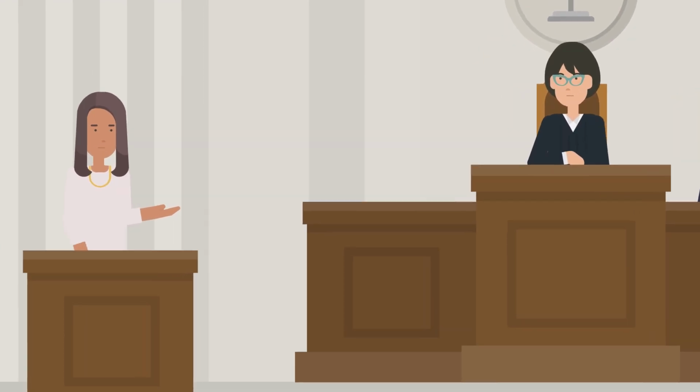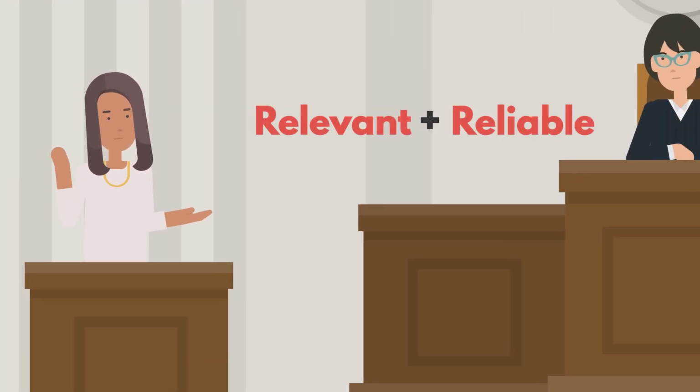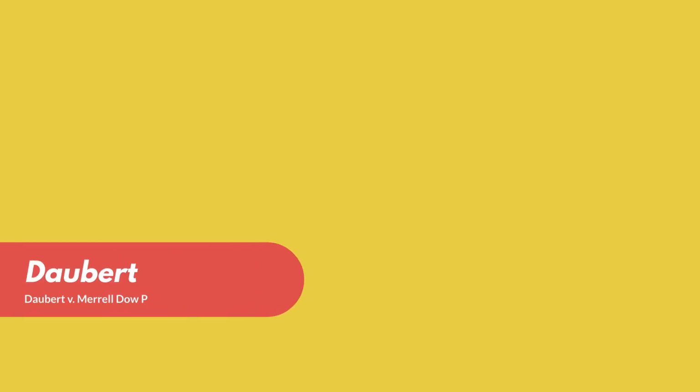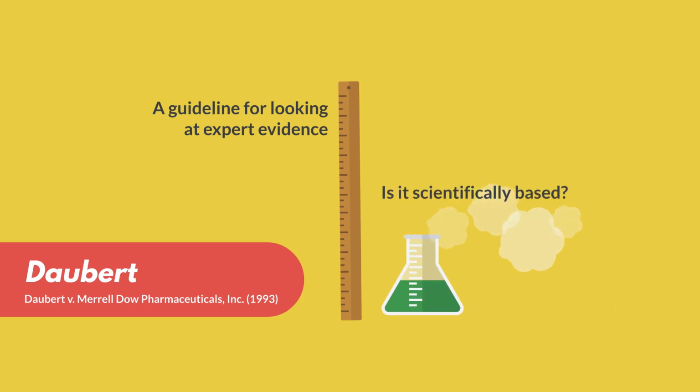All expert evidence must be both, of course, relevant and reliable, as we discussed previously. Daubert is a case that essentially gave a guideline on how to look at expert evidence and whether or not it's going to be scientifically based. And this is particularly helpful in cases that deal with technical matters.